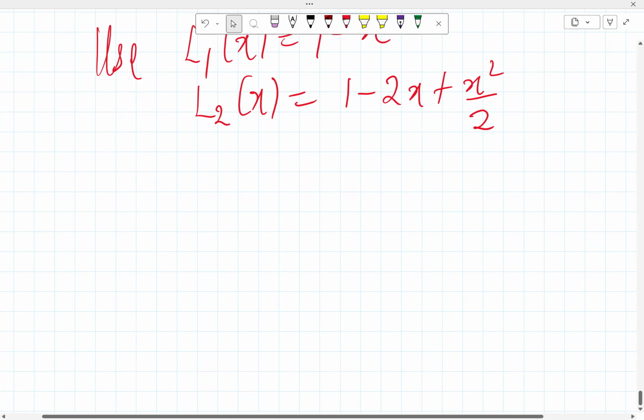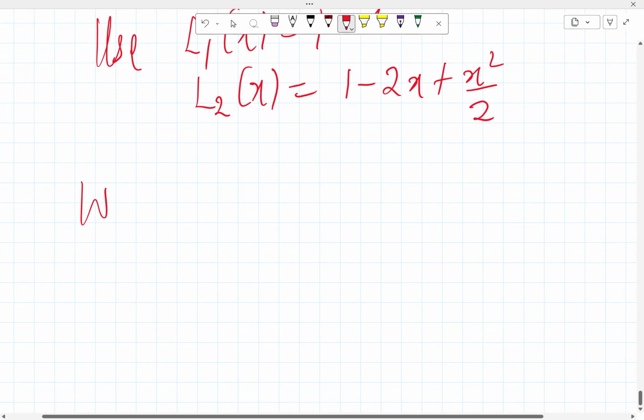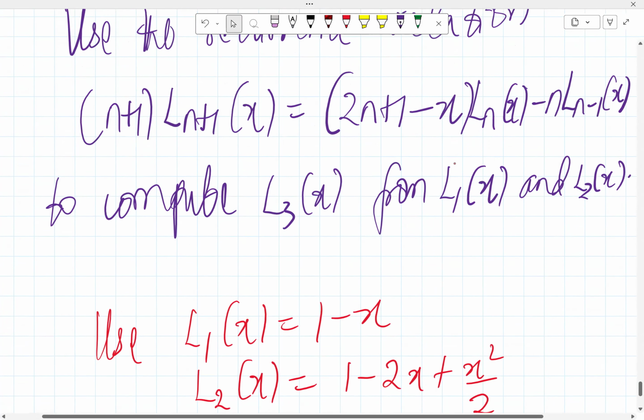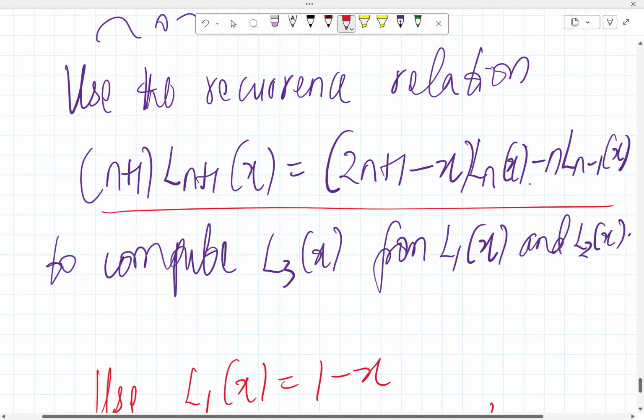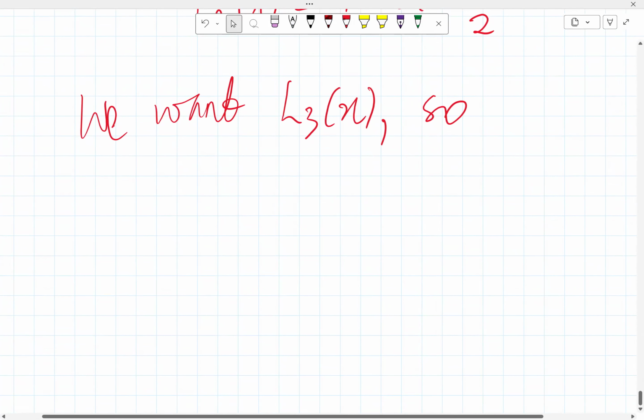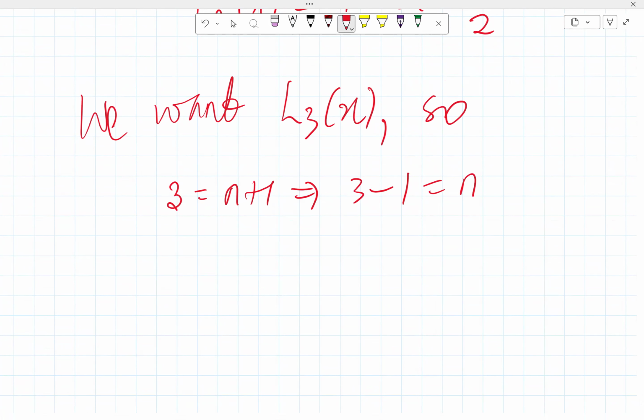And that means we want L3 of x. Since we want L3 of x, we need to set n to be 2. For L3 of x, 3 is n plus 1, which implies that 3 minus 1 is equal to n. That means n is equal to 2. So we set n to be 2.